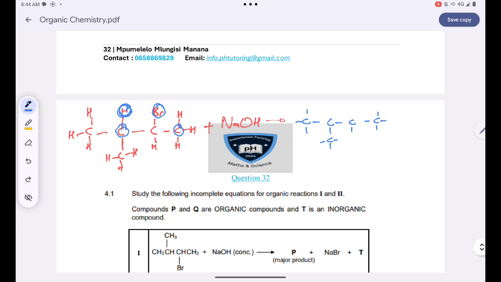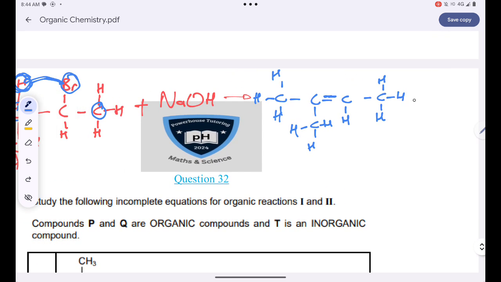Whenever I eliminate these two, I'll end up having a double bond over there. And then I still have my hydrogens. And then my inorganic products will be sodium bromide as well as water, H2O.